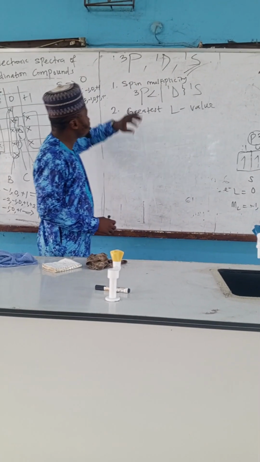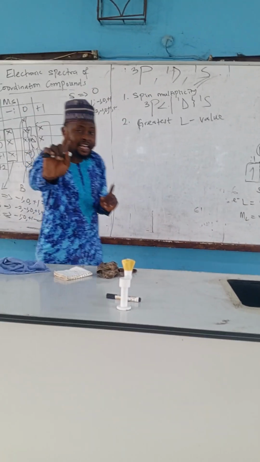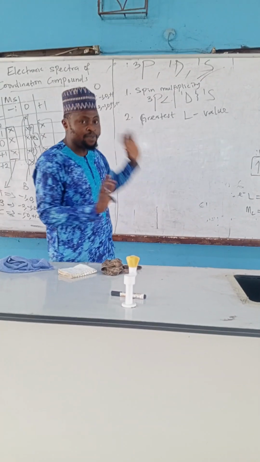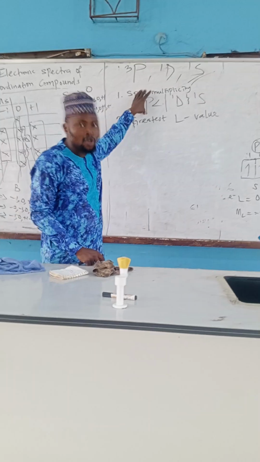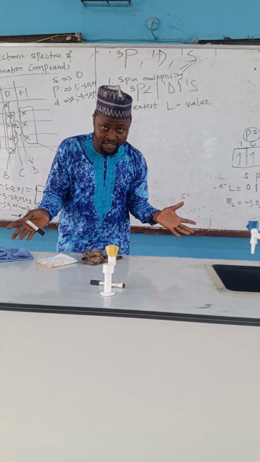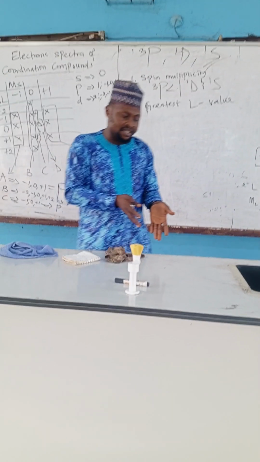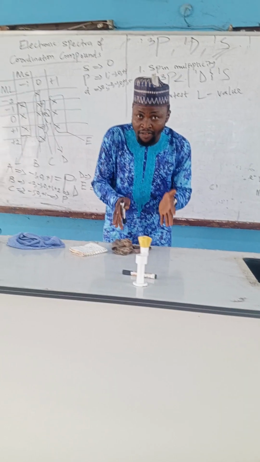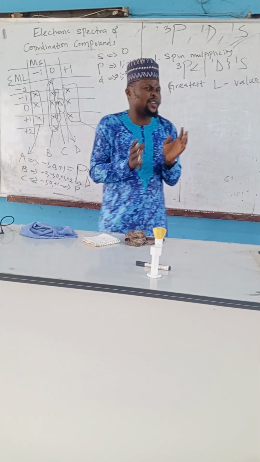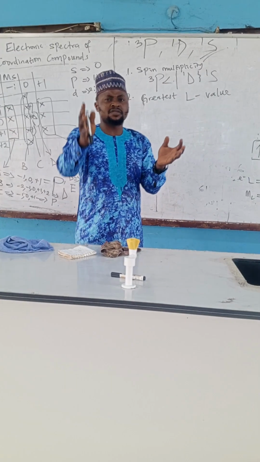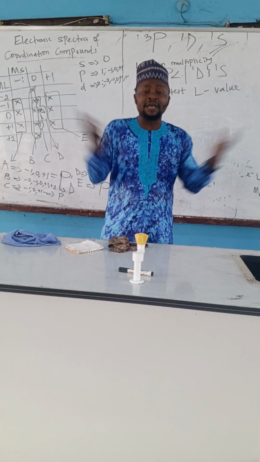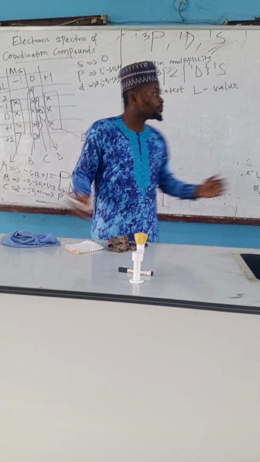Now, looking at this, we know we have to consider the spin multiplicity first. That's why we chose this. Although it is not always correct. Sometimes the practical, real life situation is a little bit different. But that is within systematic error. It is acceptable. Alright?